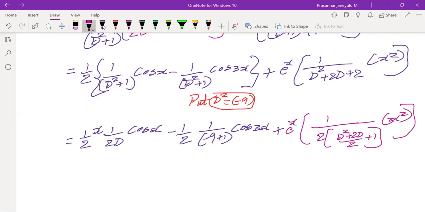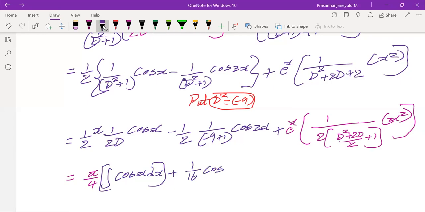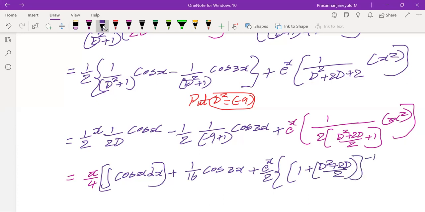If we do this, okay, now the first term is going to become x by 4 into 1 by d, which can be written as integration of cos x into dx, minus 1 by 2 into minus 9 plus 1 is minus 8, then it will become plus 1 by 16 cos 3x, plus e power x by 2 into, then taking this part to the numerator, we'll get 1 plus d square plus 2d by 2 whole power minus 1 of x square.